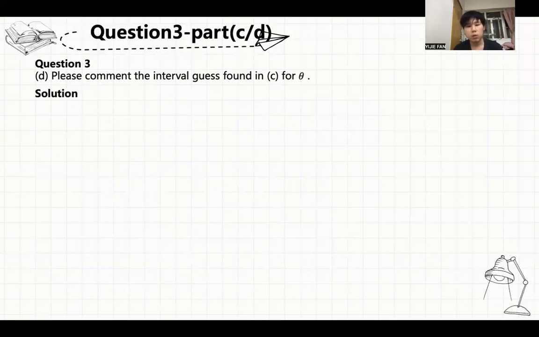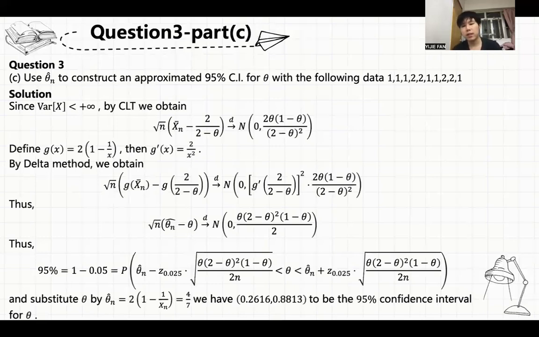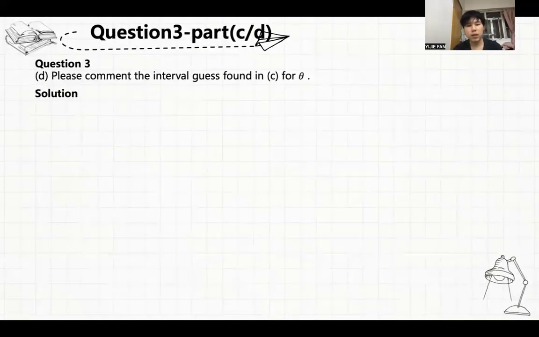We note that the number of data points is 10, but a specific interval estimate often needs the number to be more than 30.